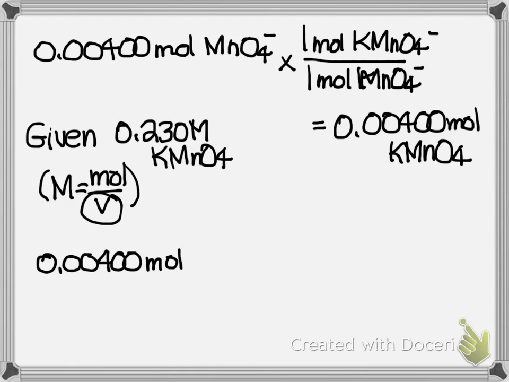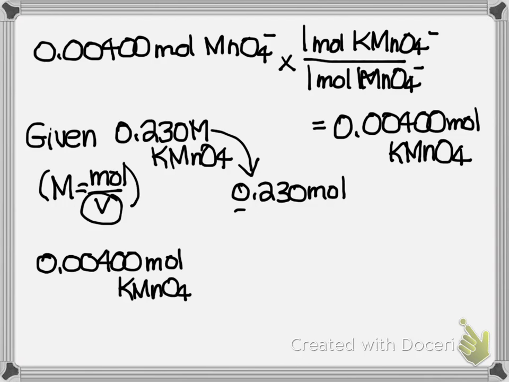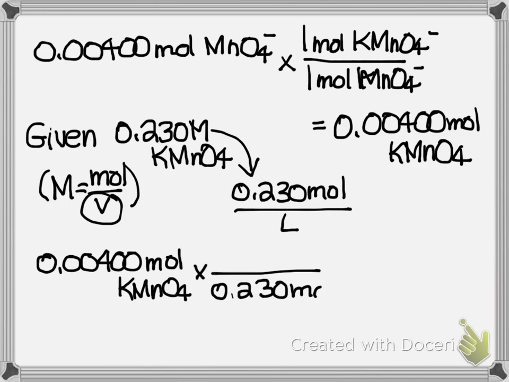So if I have this many moles of permanganate, and I know the concentration is 0.230 moles per liter, I can divide by the molarity by putting the moles on the bottom and the liters on the top. It wants it in milliliters, so I'm just going to multiply by 1,000 right here, and this is going to give me the milliliters.